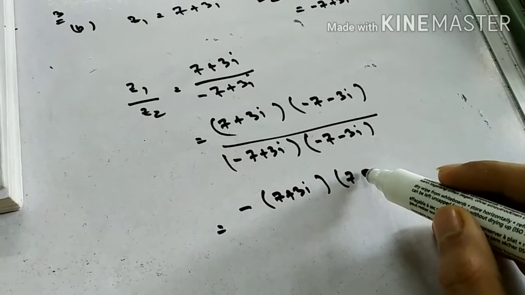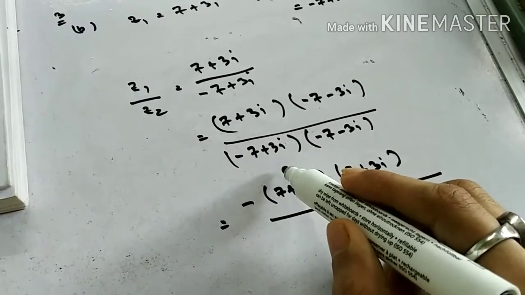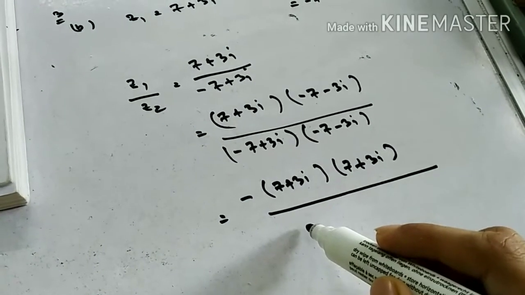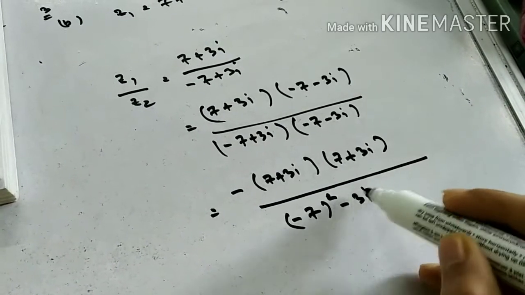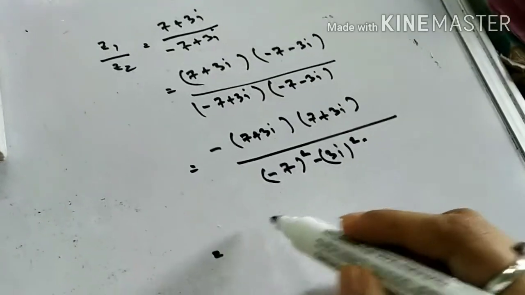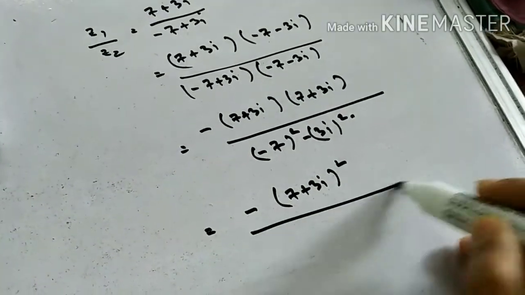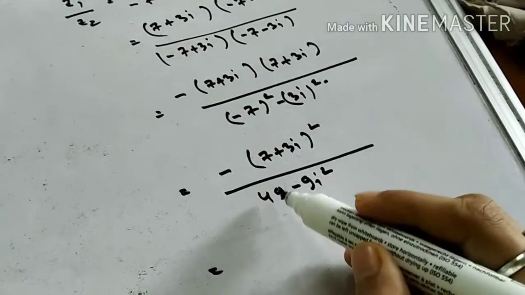If I take minus common, I will get 7 plus 3i only in the denominator, and again minus 7 the whole square minus (3i) the whole square. So this becomes (minus 7 plus 3i) the whole square by 49 minus 9i square.